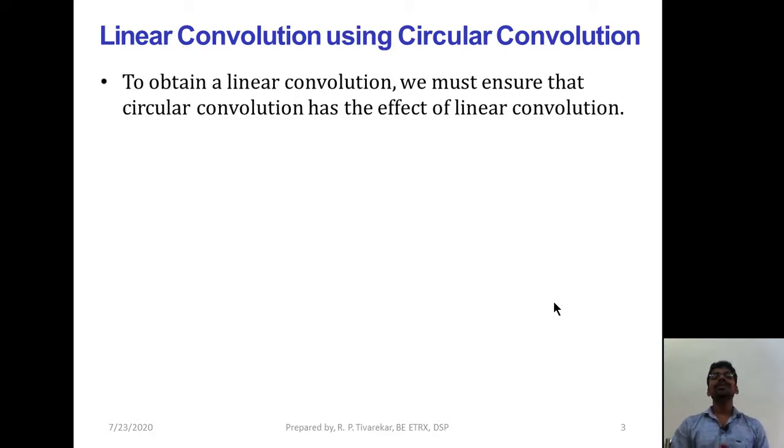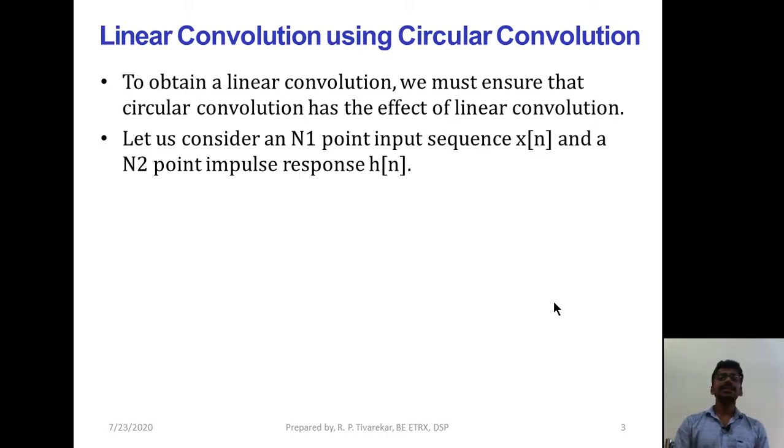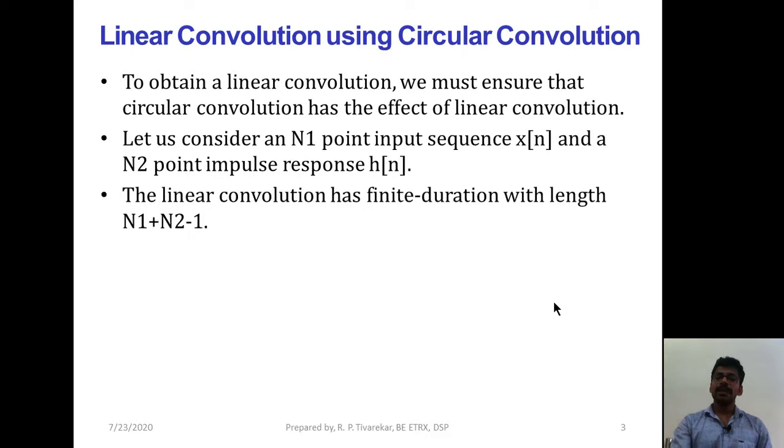To obtain the linear convolution, we must ensure that the circular convolution has the effect of linear convolution. What do I mean by this? Let us consider an N1 point sequence x(n) and another N2 point sequence, which is actually the impulse response of a system, h(n).